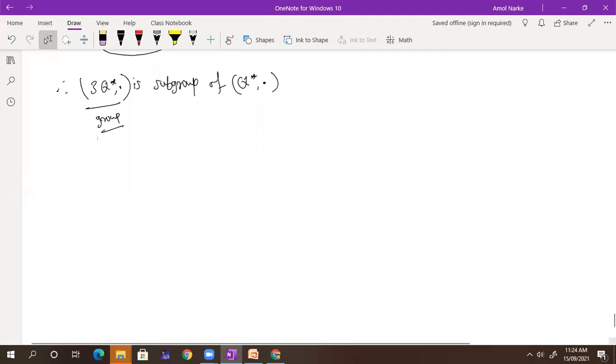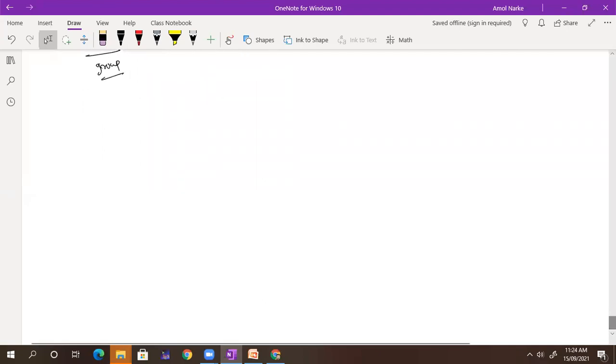Any example anyone can think? For the infinite one, it is a little bit... Okay, tell me. Suppose I have R minus singleton 0, comma, I can take the dot operation.